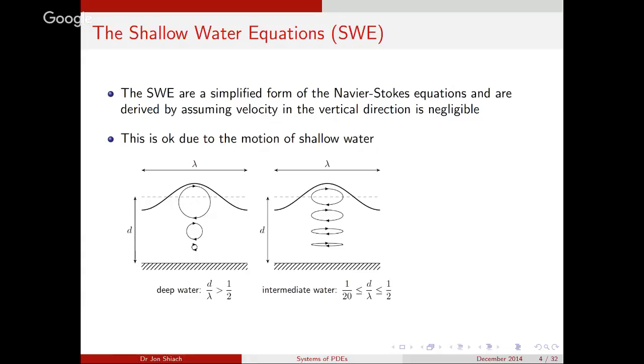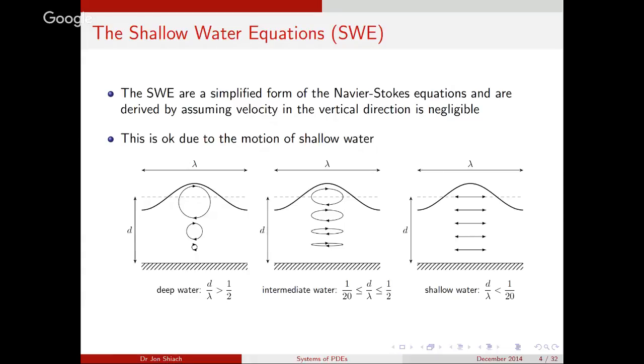It's just the physics of water. If D is quite small, and we have a depth to wavelength ratio of less than 1/20th, we have what we refer to as shallow water. And again, if we track the motion of particles, they tend to go in a horizontal direction. They don't rotate like that, they just go back and forth.